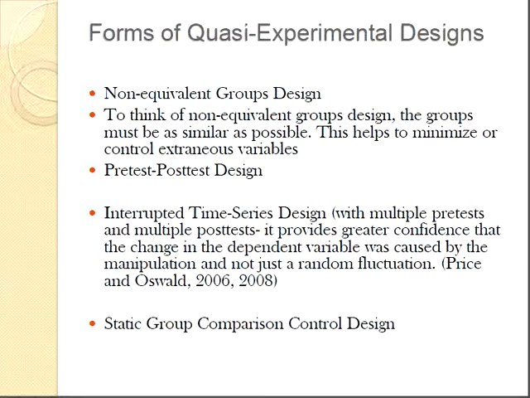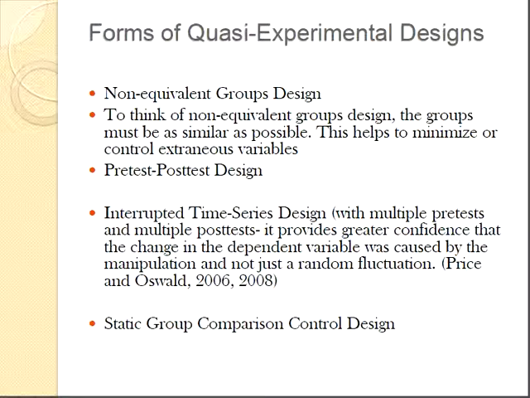Then we have the interrupted time series design with multiple pre-tests and multiple post-tests. The good thing about this form of quasi-experimental design is that it provides greater confidence that the change in the dependent variable was caused by the manipulation and not just a random fluctuation.